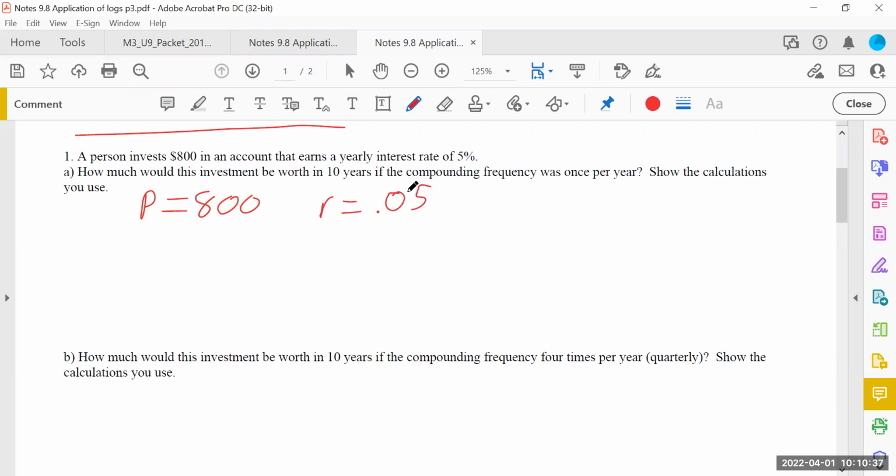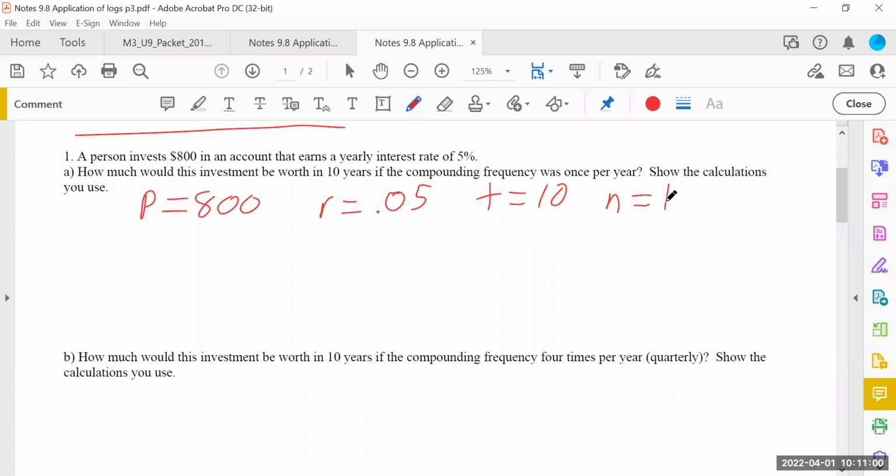Not 5%, 0.05. That 0 is important, extremely important. The time period they're telling us is 10. And the number of times it's compounded is just 1. So once a year.